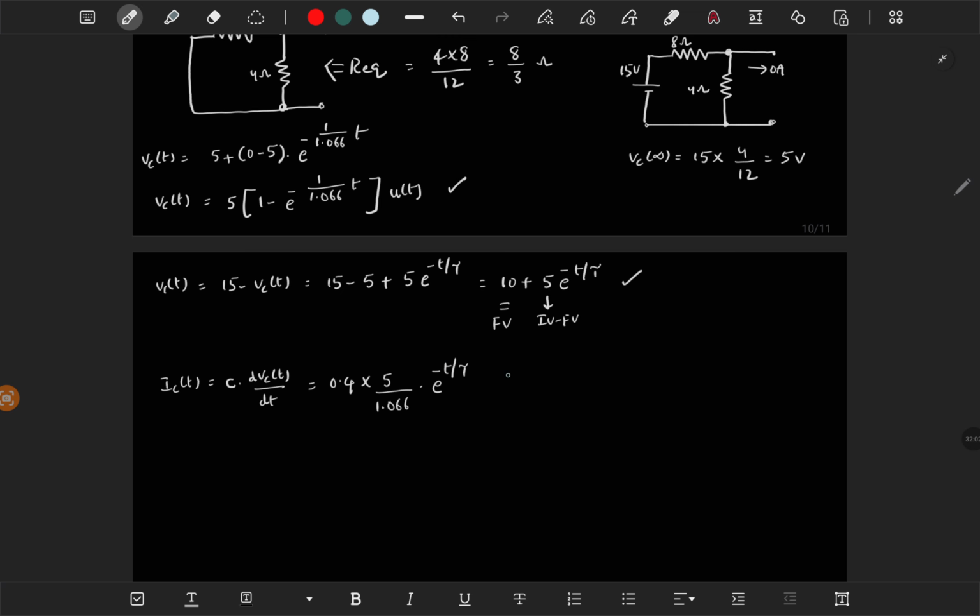We can solve this later, but this is how it looks: some constant k times e power minus t by tau.